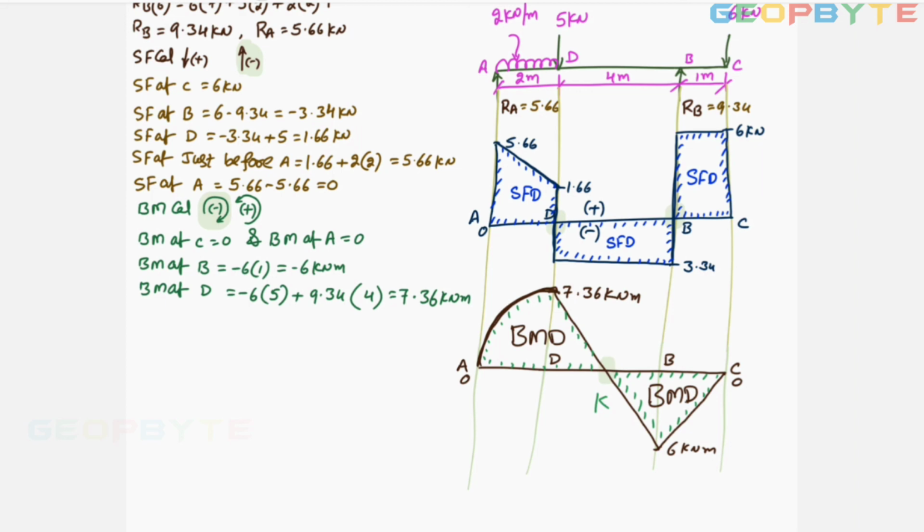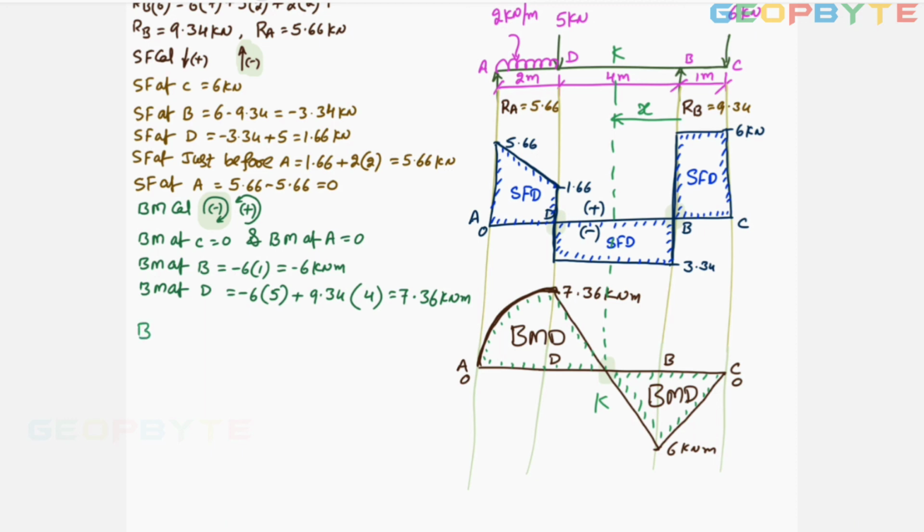That point is occurring at a distance of x from B. So you project a vertical line. You need to find the point of contraflexure distance.